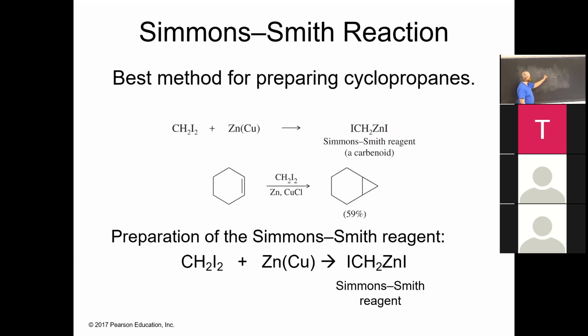So this is going to be just the opposite. Here, this will be partial negative, partial positive. So on one side, carbon has a partial positive charge. On the other side, it has a partial negative charge. So it can accept a pair of electrons from this side and donates a pair of electrons from that side.